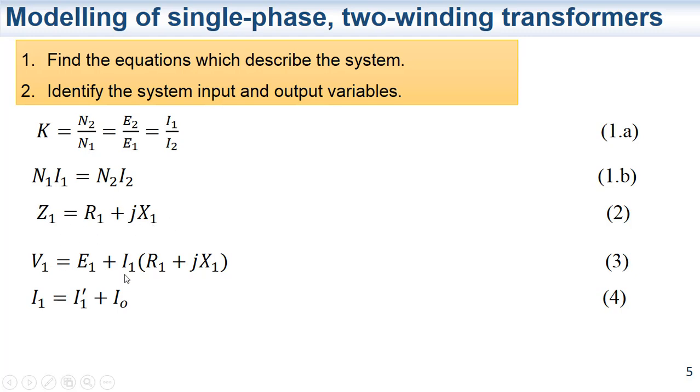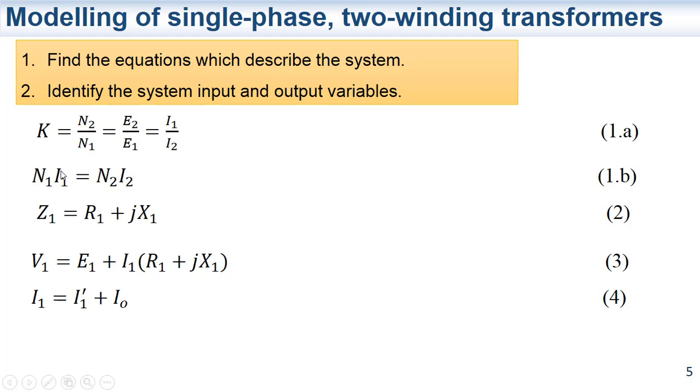Hence the voltage at the primary circuit is equal to the induced EMF plus the current flowing through the primary winding multiplied by the primary impedance. And we've already shown that part of the primary current is supplying the no load losses, and the other part is responsible for the energy transferred from the primary to the secondary winding.